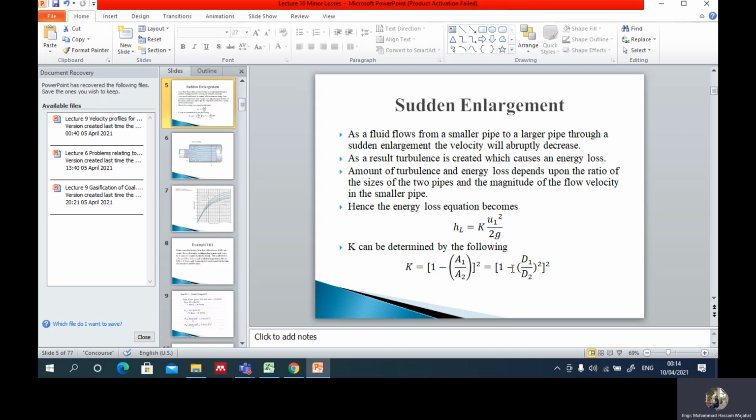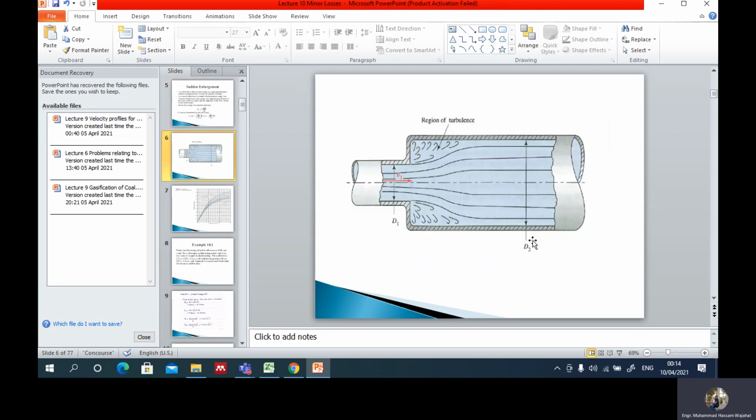This shows the point which I already mentioned, that energy loss will depend upon the diameter, because the area is directly linked with the diameter, so the ratio of the diameters is a significant factor for the cause of turbulence. So we have mentioned two factors for the cause of turbulence and the energy losses. Number one, the ratio of the two diameters of the pipe, the larger pipe and the smaller pipe. Number two, the velocity of the smaller pipe.